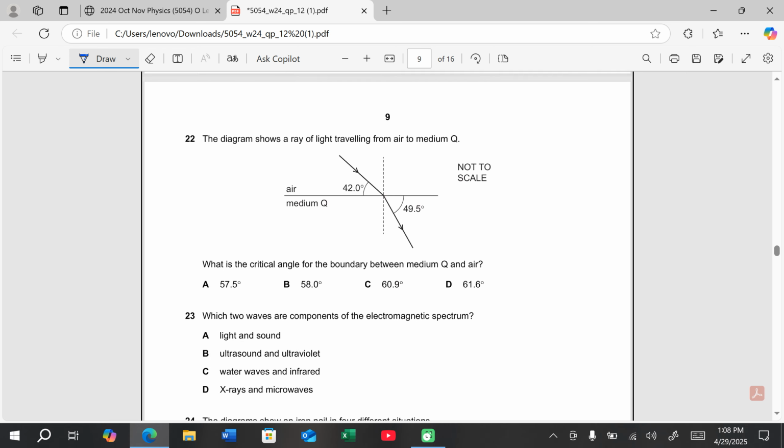22, it says what is the critical angle of the boundary between this? First of all, you need to find out this thing. Now this angle is 48, and this angle is 40.5. So I'm going to use n equals sine i over sine r to find the refractive index first.